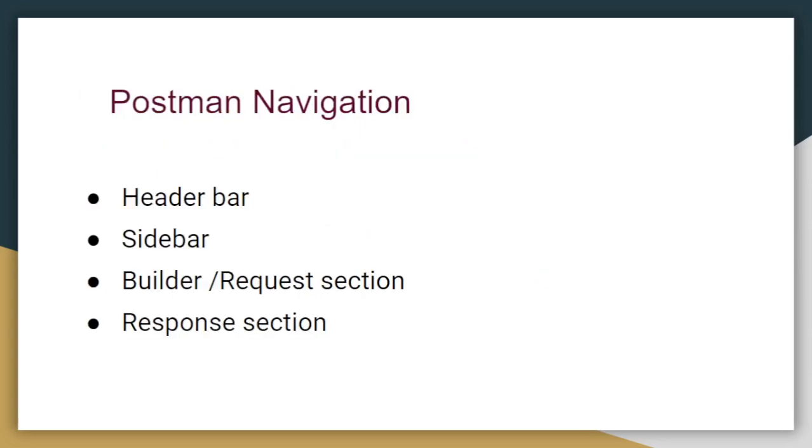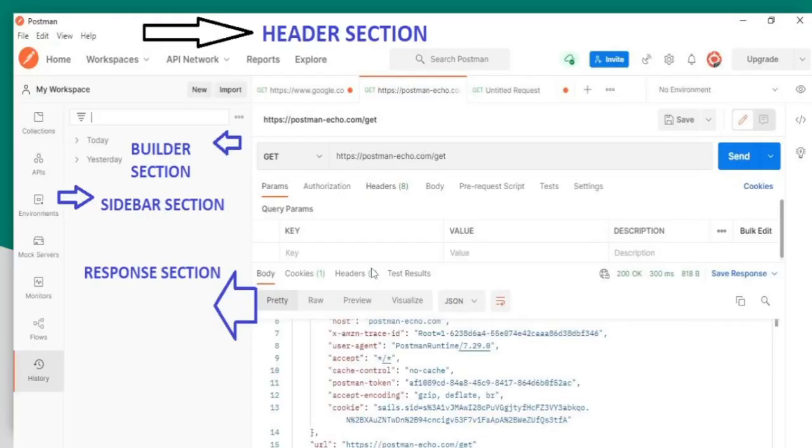For Postman navigation, there are several things you need to see: the header bar, sidebar, builder, request section and response section. In the Postman tool, the first part is the header section.